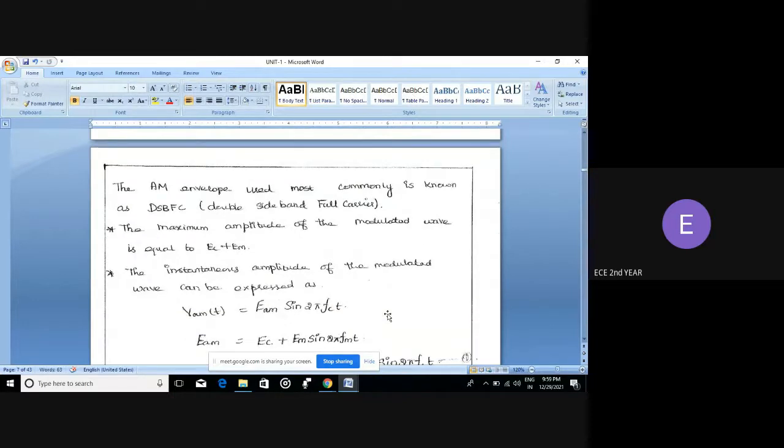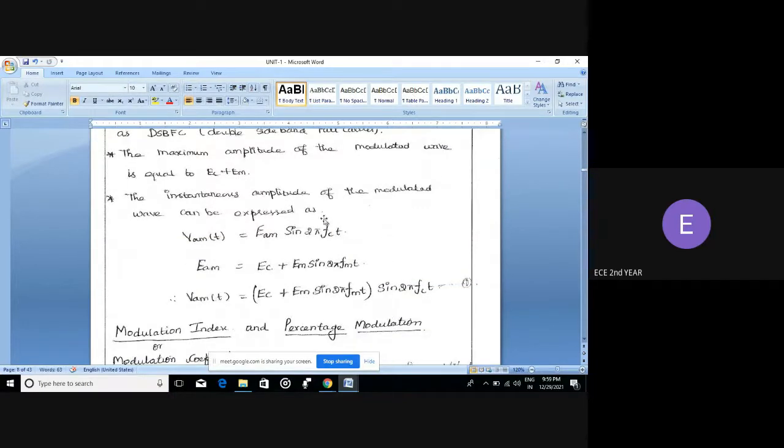Okay, fine. Let us see the representation of the modulated wave, that is VAM of t equal to EAM into sine 2 pi fc into t, right? Where EAM is the addition of two things, EC plus EM sine 2 pi FM into t.